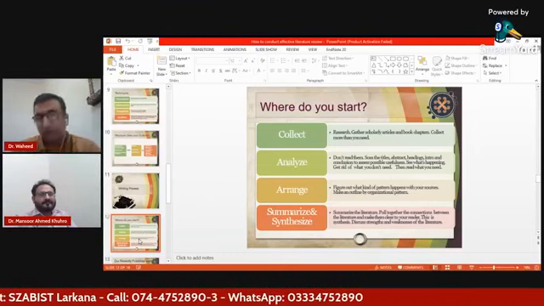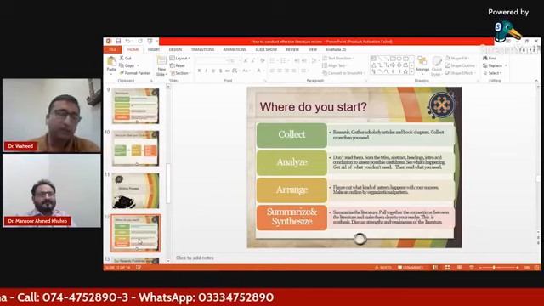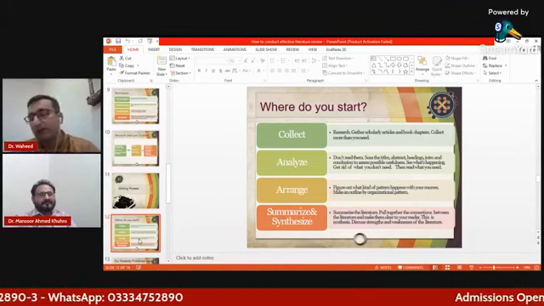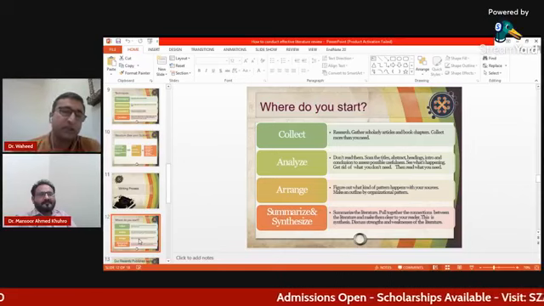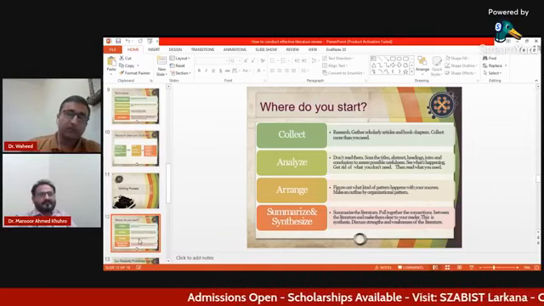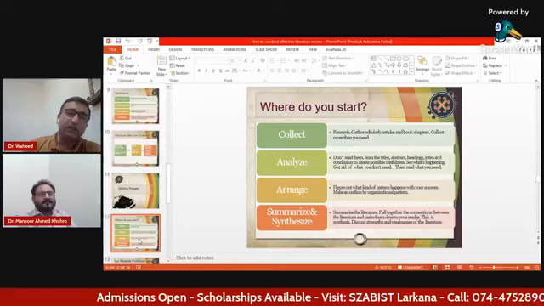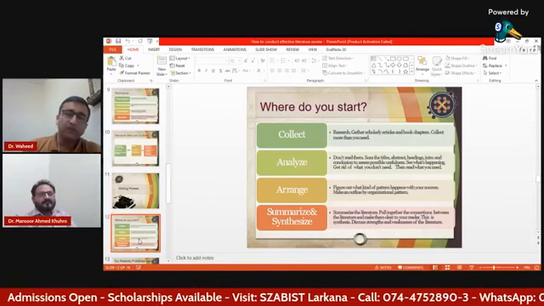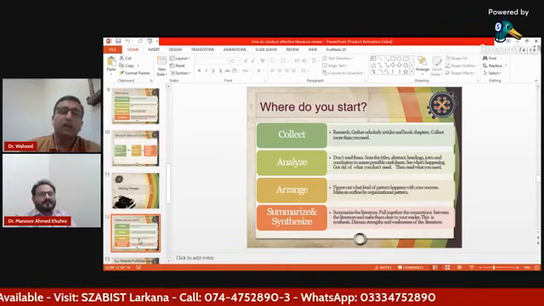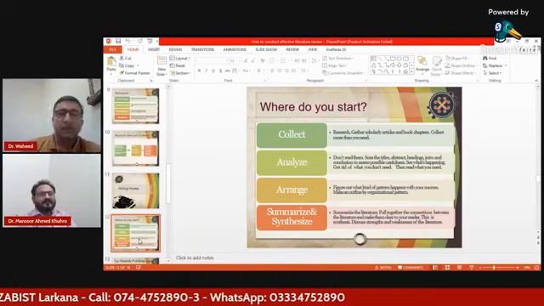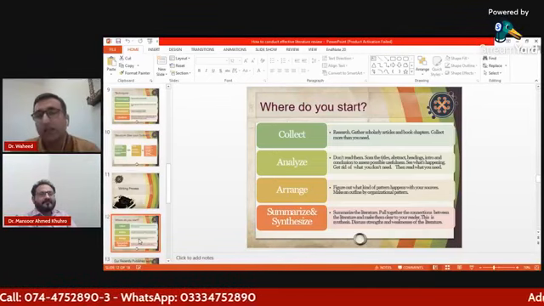Therefore, we need to learn how we can identify whether this article or book is relevant to our research or not. So the first step is only the download. We just collect the information in the shape of articles, books, and so on. And the next step is to analyze.